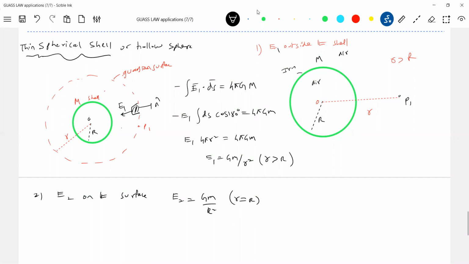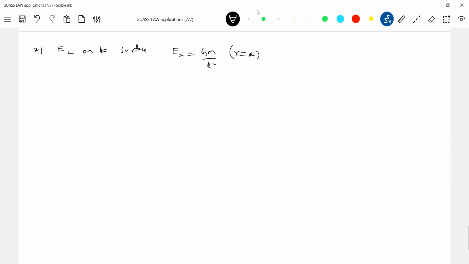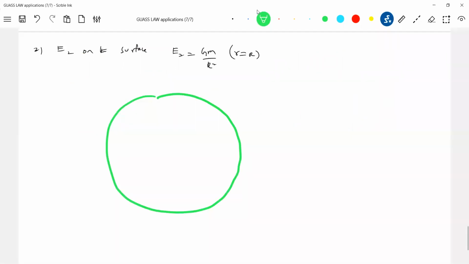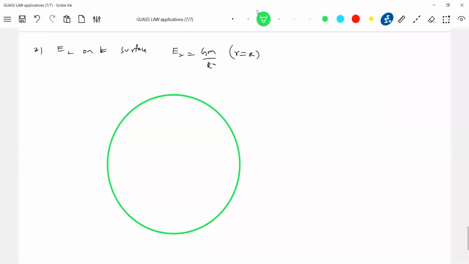Take a basketball, where the rubber will be there. Shall I call it elastic material? For a basketball, where will the elastic material be? Only on the surface, no? What about inside? Inside, everything will be air or hollow. So I'll draw the shell. Now let's draw the Gaussian surface.